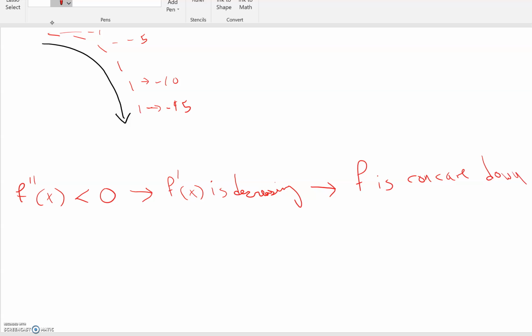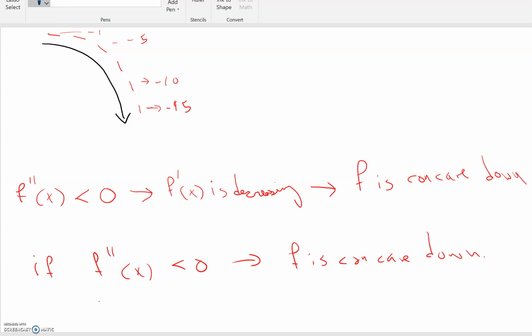So whether it's increasing or decreasing, if f double prime of x is less than 0, then f is concave down. And you can probably guess that we could also say that if f double prime of x is greater than 0, then f is concave up. Okay, now we'll continue these ideas in the next video.